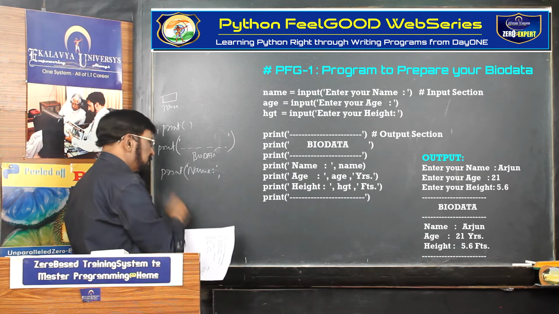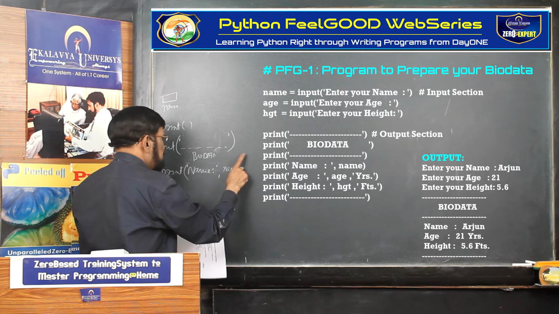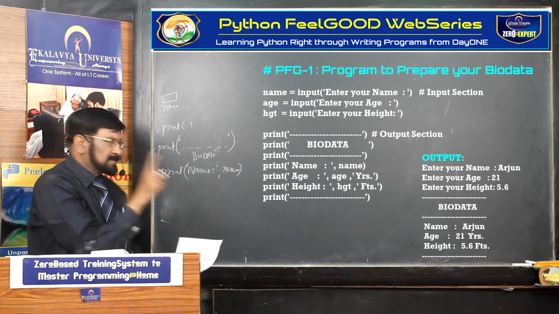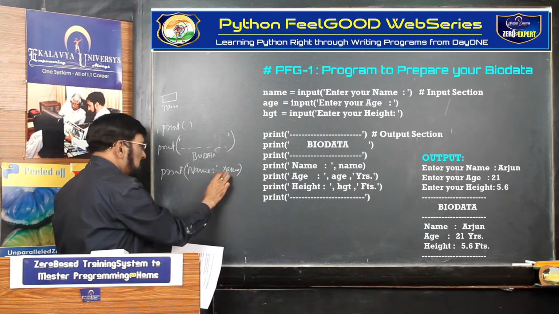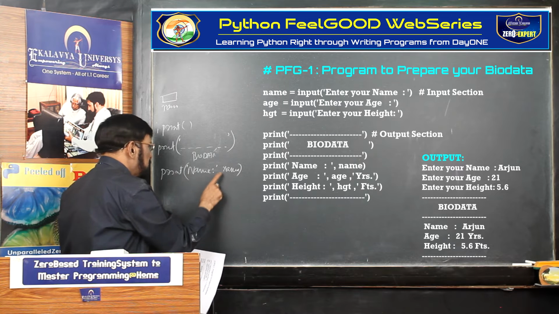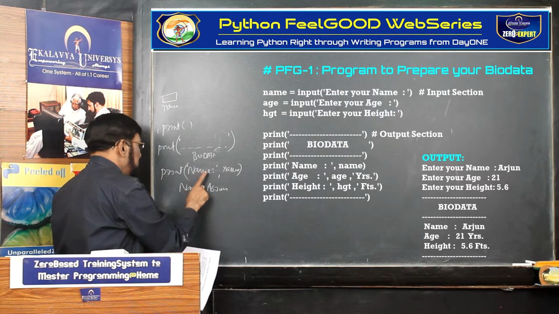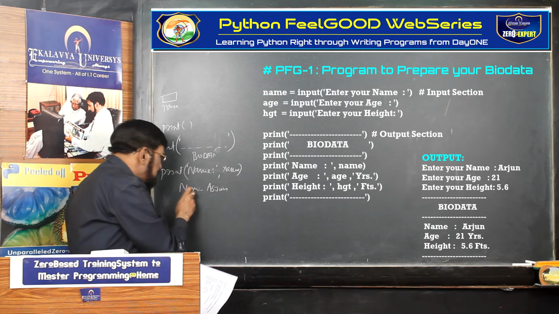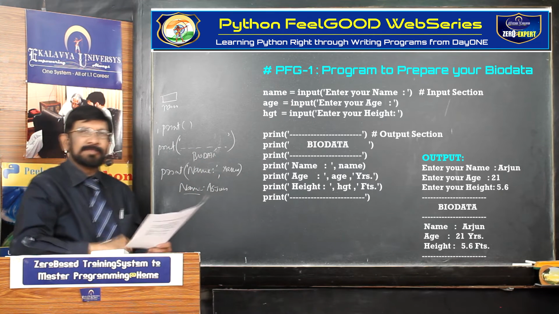You write like that, a string label. Thereafter you write your variable name exactly with the spelling you used; the spelling, case and all that you should strictly follow. Then how is it printed? If you write this one, only Arjun is printed. Now how is it printed if you enter Arjun? Name is Arjun. Do you want it in this fashion or in this fashion? This is called a label. So if you want a label, then you write it in this fashion.